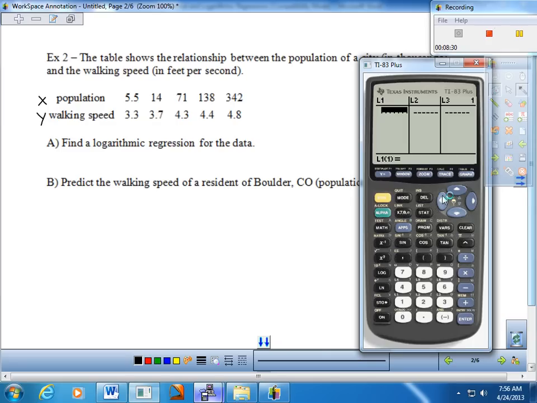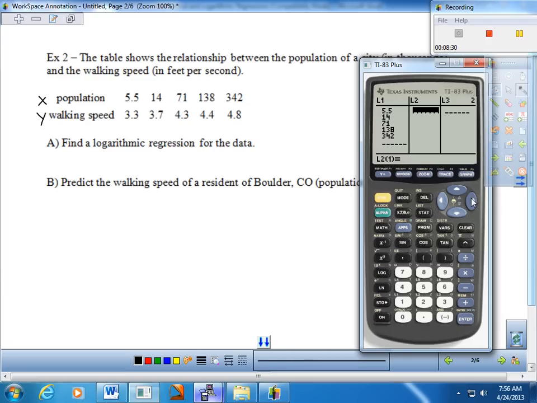X is first. So population, so this would be 5.5 thousand people, 14,000 people. So data collected on these 5 cities, it looks like. And so a population of 138,000 people, and then last, a population of 342,000 people.